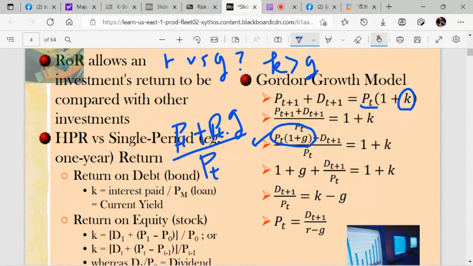Over PT. Again, you can split it like this.